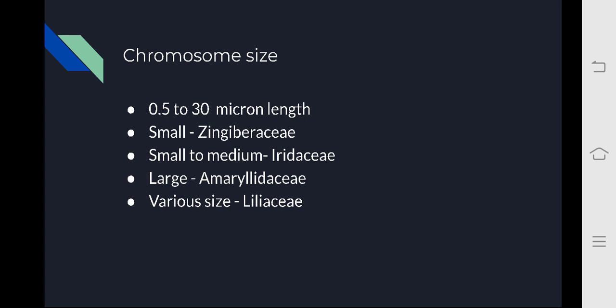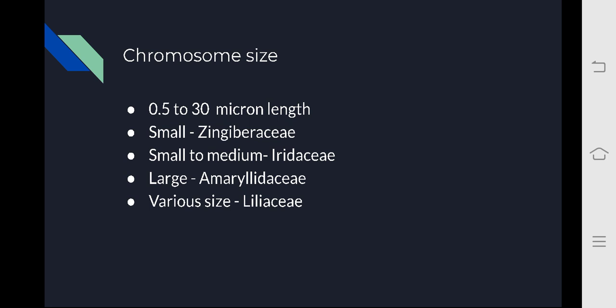The second one is chromosome size. The chromosome size has been very useful in understanding relationships in several taxa. In most plants, the length of a chromosome varies from 0.5 to 30 microns. When we look into monocots, the members of Zingiberaceae possess small chromosomes. The members of Iridaceae have small to medium sized chromosomes.